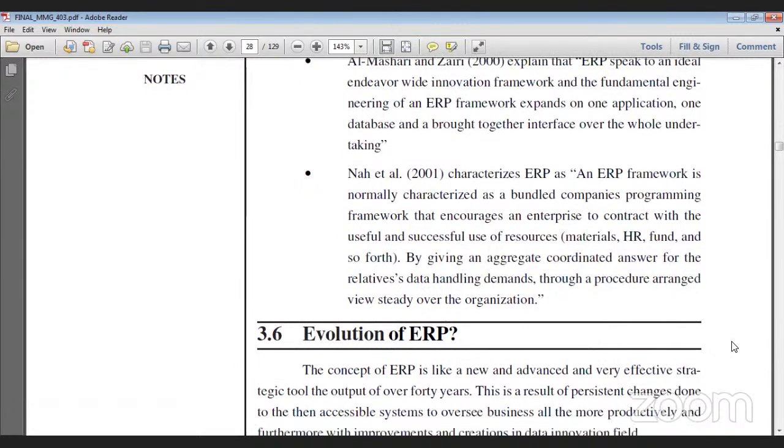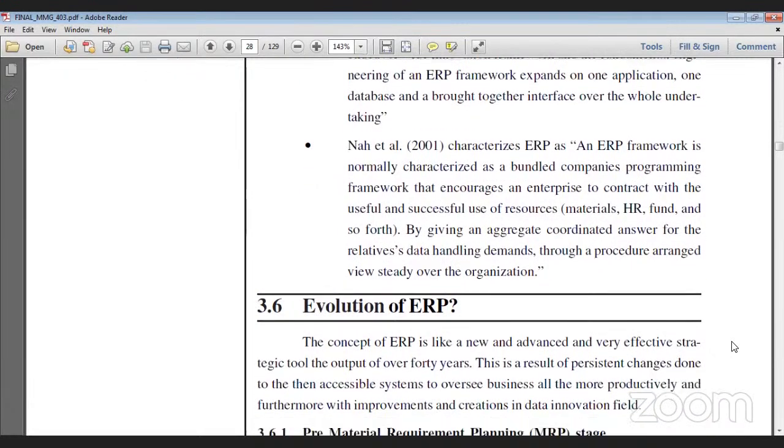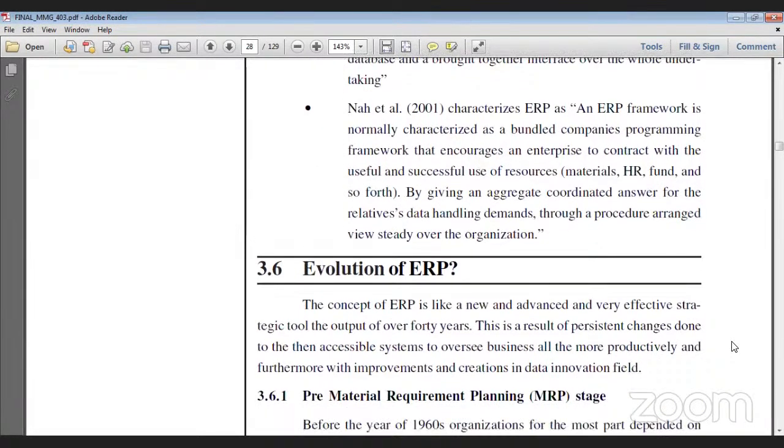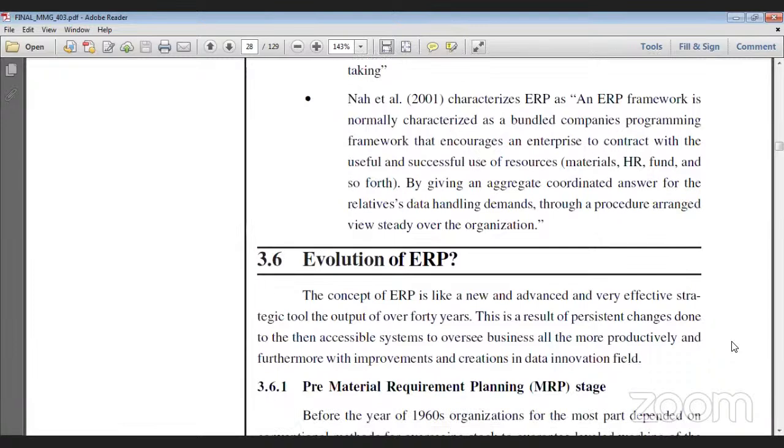This is a result of persistent changes, with improvements and creations in the information technology field also. The next point is the pre-material requirement planning, MRP, stage.